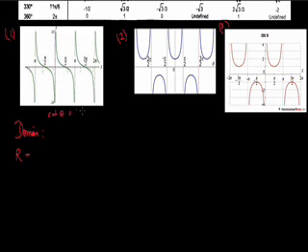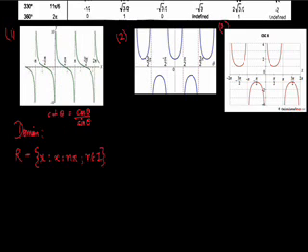Because cot theta equals cos theta upon sin theta. So at all those values where sin theta becomes 0, we need to exclude those values from the domain. So domain will be R minus the set of all x such that x equals n pi, where n is an integer. Why n pi?